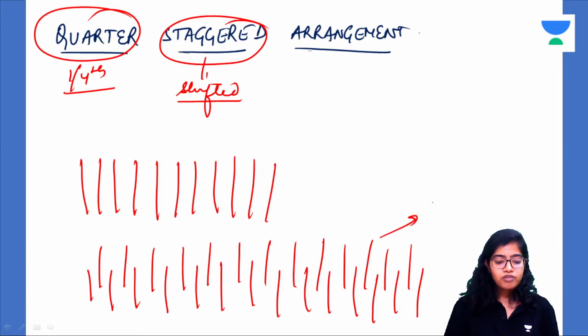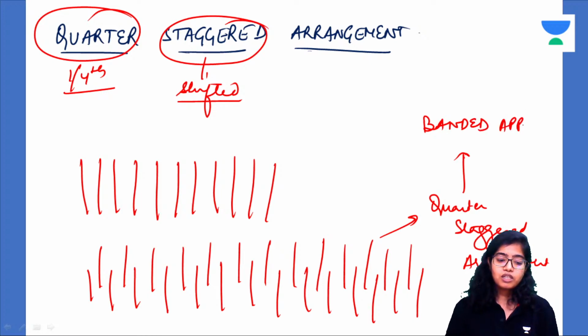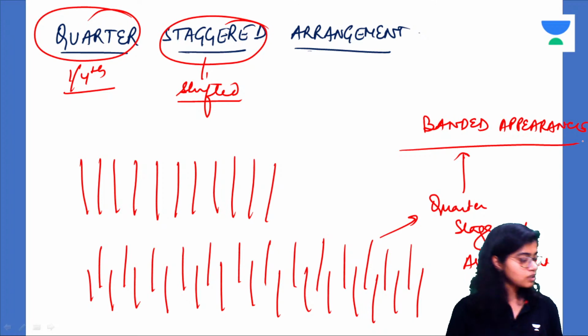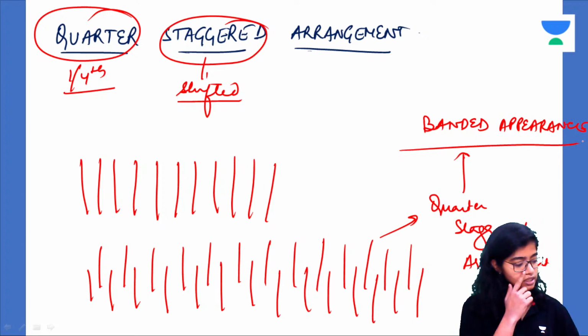This type of arrangement is called the quarter staggered arrangement, and it provides the banded appearance of collagen macroscopically. Collagen appears banded. Understood or not? Do let me know. This is the whole structure of collagen that you should know. Extremely, extremely important.